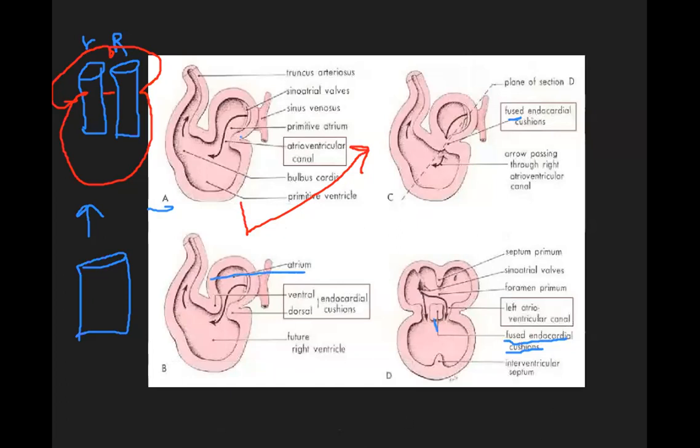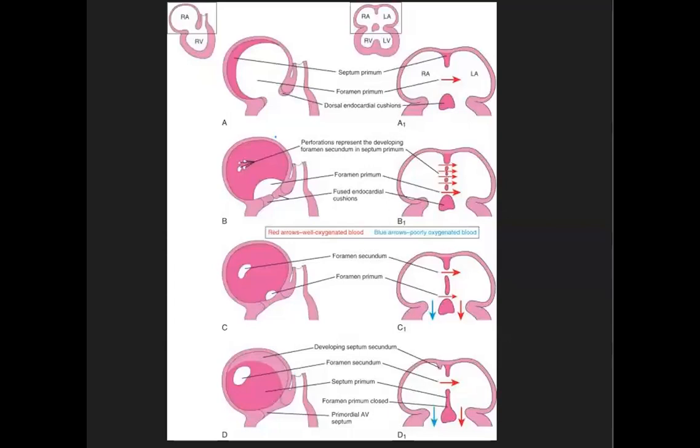If you have understood this picture, I will take you to another picture. Please excuse me first. Now it is time to understand how the atrial septum is formed.